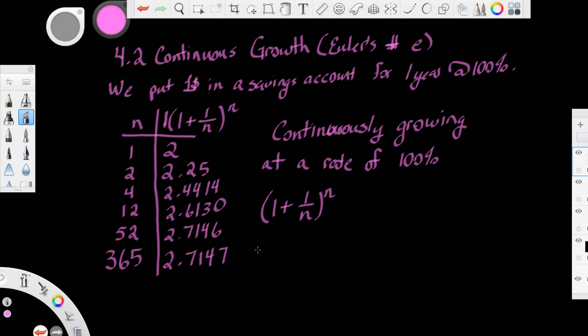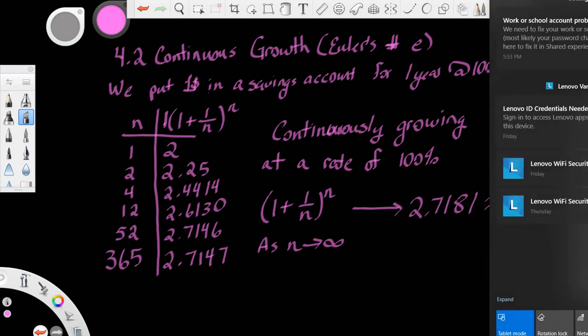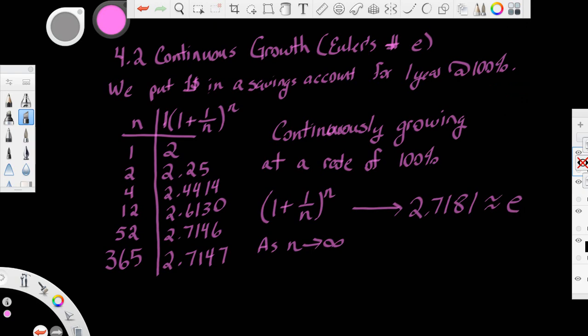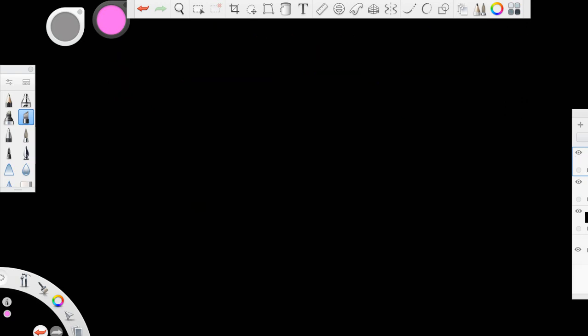As we break it down an infinitesimal amount of times, so as n goes to infinity, that means we're compounding it every moment of every day, it gets closer to 2.7181, which is called the number e, or Euler's number. This is called the natural number because a lot of things grow continuously like this, like plants and animals, and things decay at that rate.